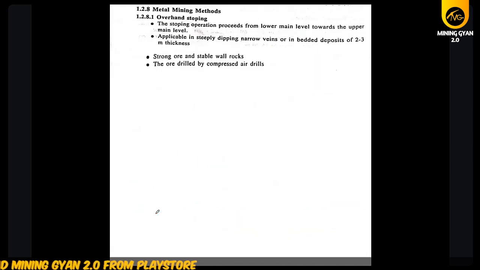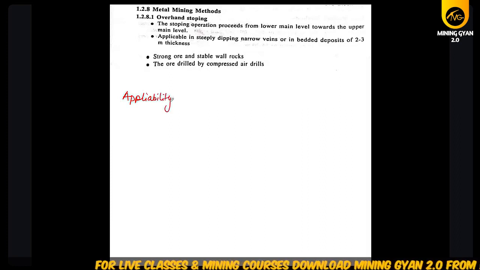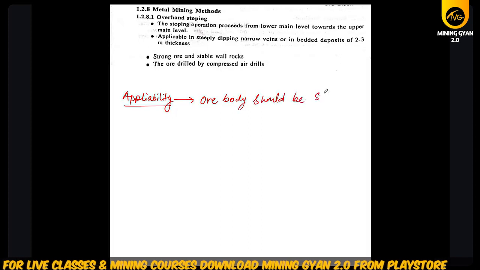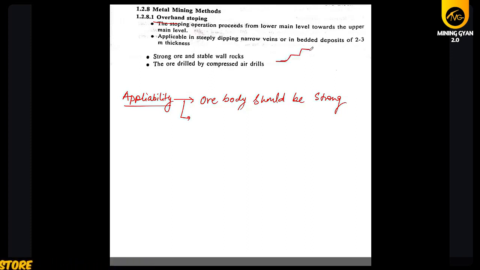There are various mining methods also in the metal mine. First is overhand stoping. In overhand stoping, first we will see applicability. In this method, the ore body should be strong, and in overhand we will go from lower to higher.